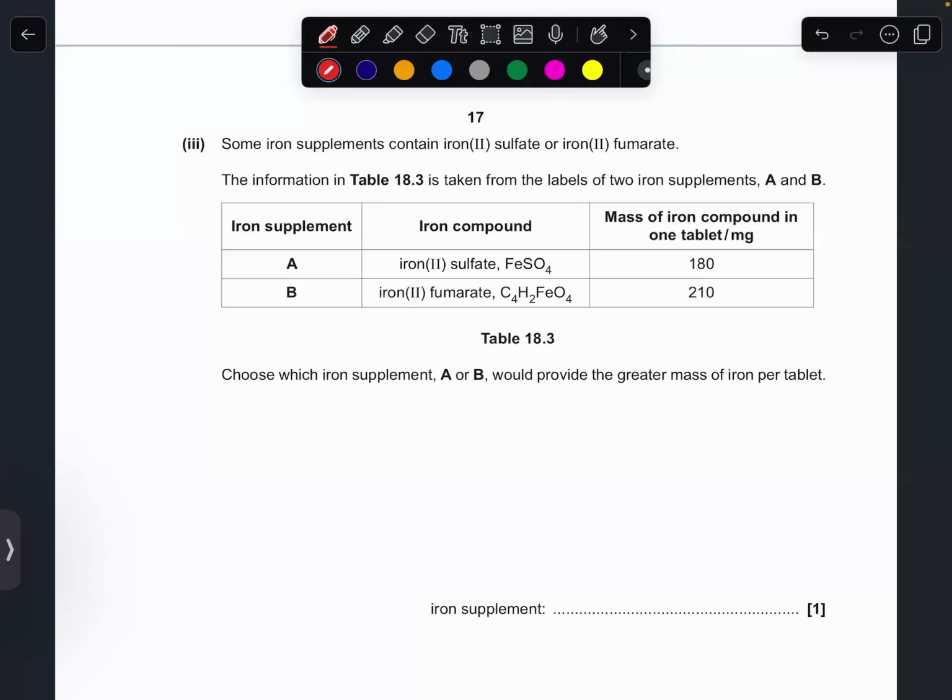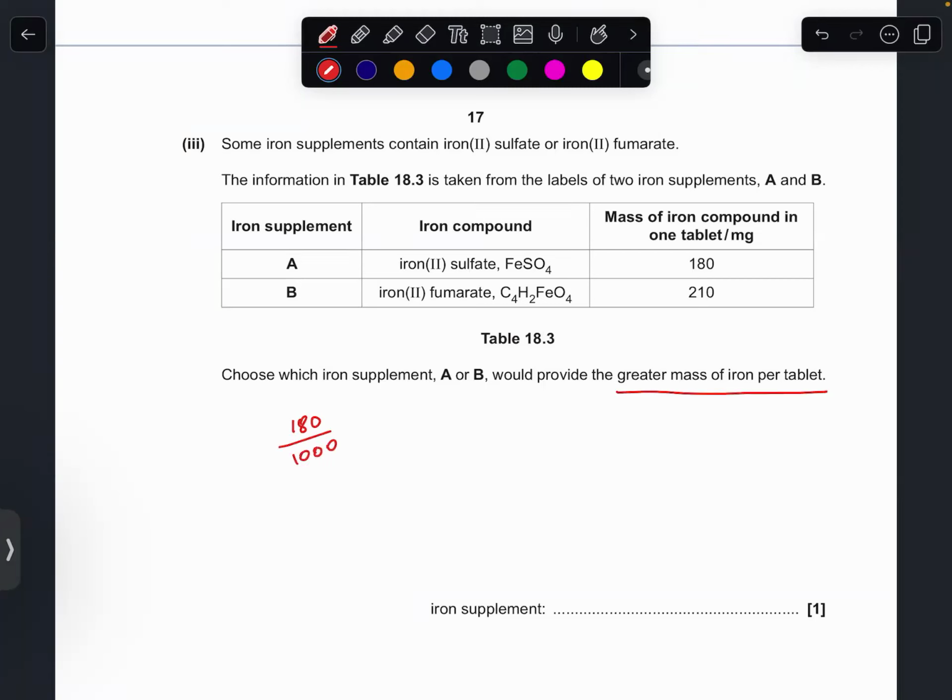Iron supplements contain iron 2 sulfate or iron 2 fumarate. The information table 18.3 is taken from the labels of 2 iron supplements. Choose which iron supplement, A or B, would provide the greater mass of iron per tablet. How would we work this out? You've got the mass there, 180 milligrams. Convert milligrams into grams by dividing by 1,000.